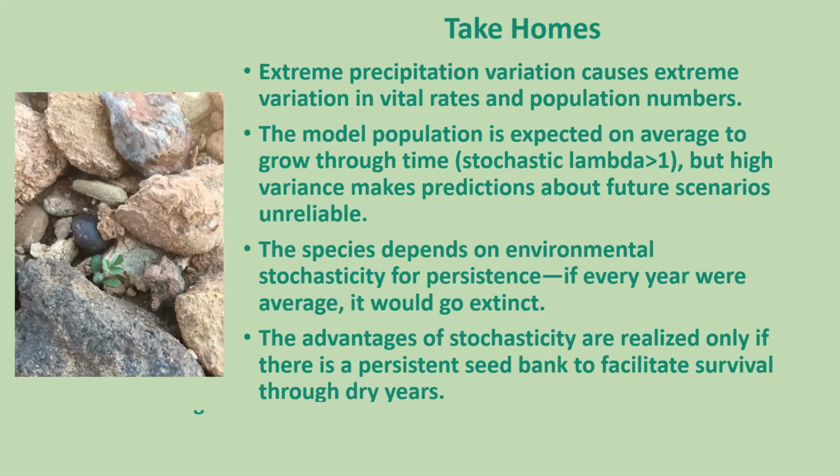The model is expected on average. It says the population will grow through time. But the problem with that is that all this stochasticity means the variance around that mean is very high. In other words, of those 1,000 iterations, maybe a fairly high percentage of them, just by chance, have a series of draws that represent awful years. And if you have a draw of awful years for too many years in a row, that's going to mean the population in that particular iteration would go extinct.